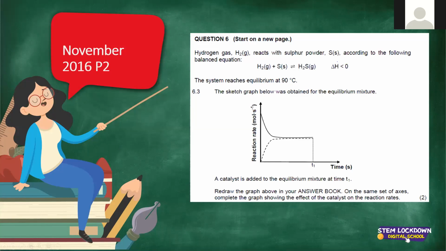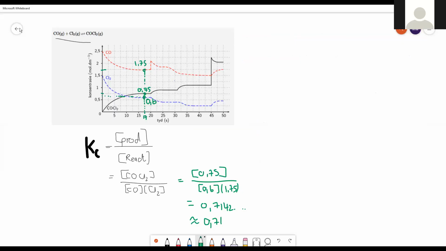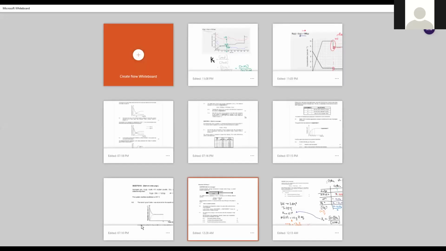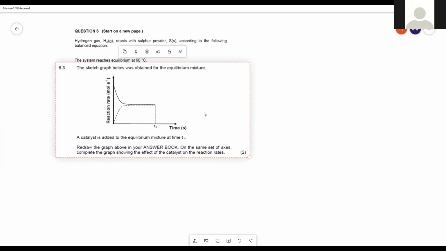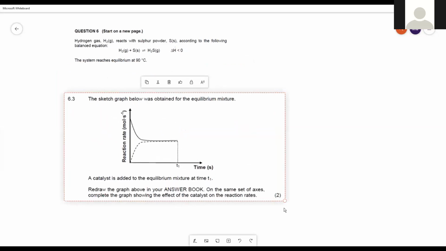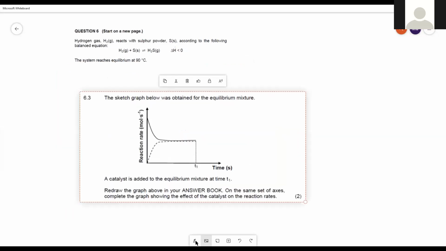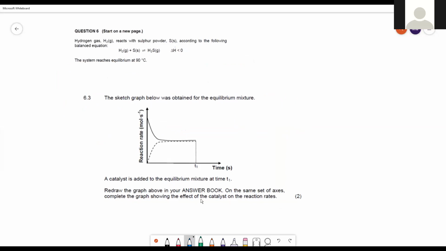So if you guys had to venture a guess, what do you think is going to happen to our graph? Any ideas? Let me just make it bigger so you can all see. Okay, so remember that your catalyst is going to increase both of your reactions. First, let me just do the forward reaction. It increases, and then it reaches equilibrium.